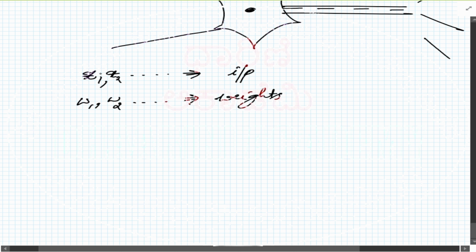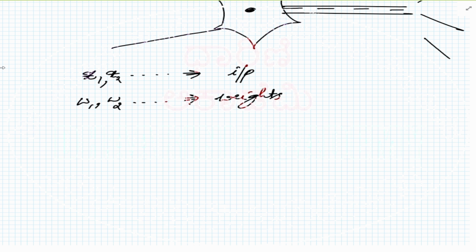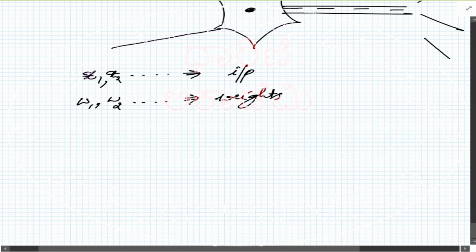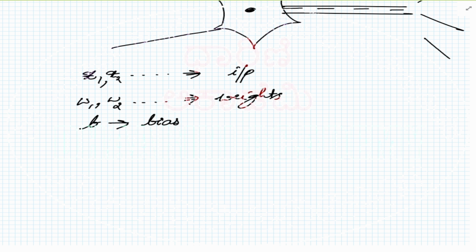Each of your inputs will be weighted by these values: x1 into w1, x2 into w2, x3 into w3, and so on. That's why they are called weights. You use b as the bias. Bias is used to push up your result by a specific amount, or push down the result by a certain amount.